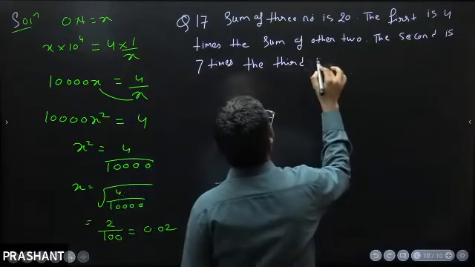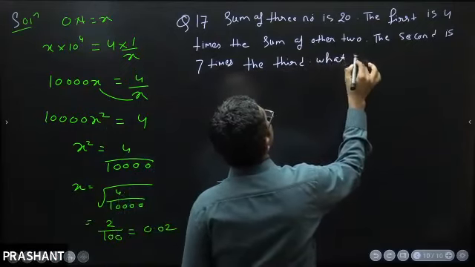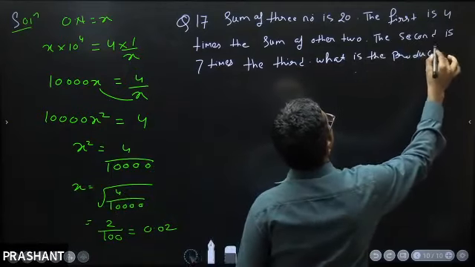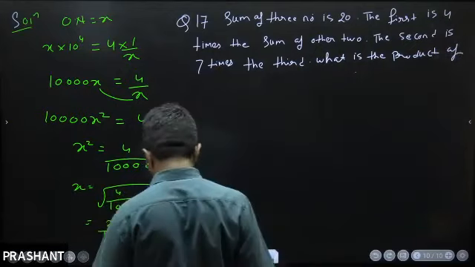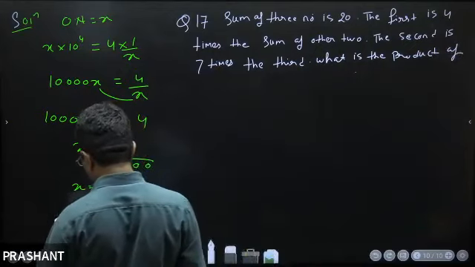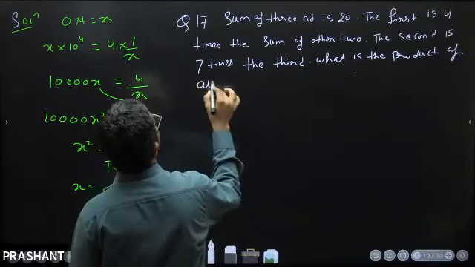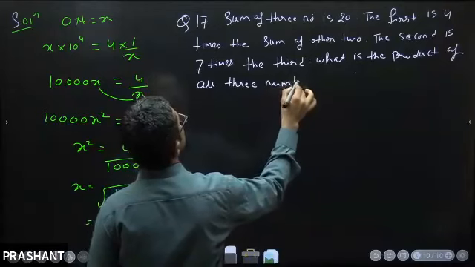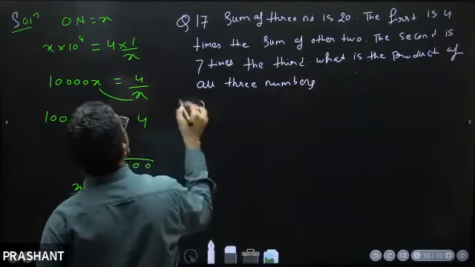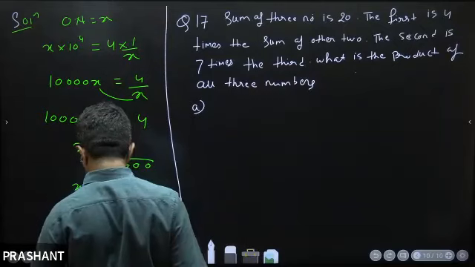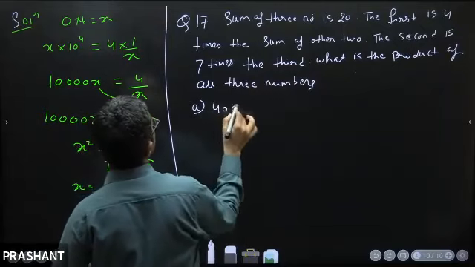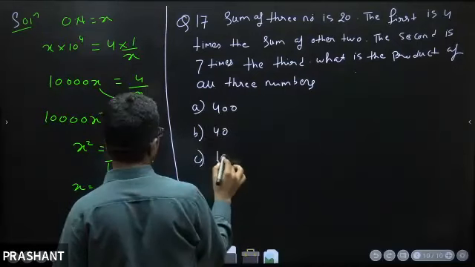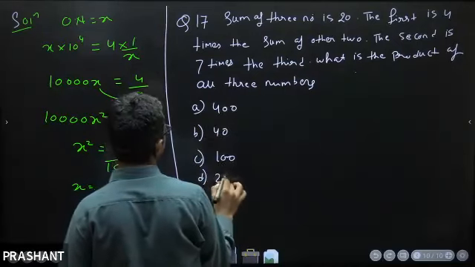What is the product of all three numbers? Option A 400, option B 40, option C 100, option D 28.